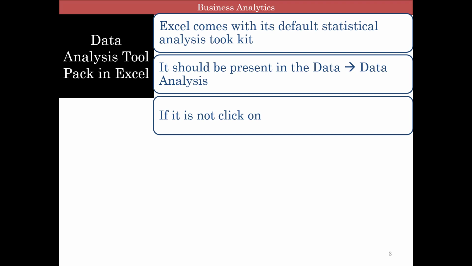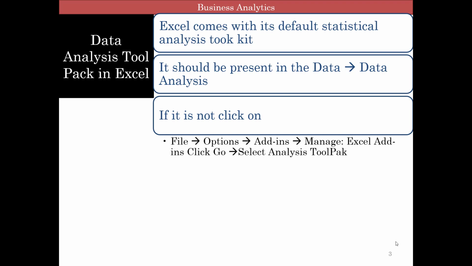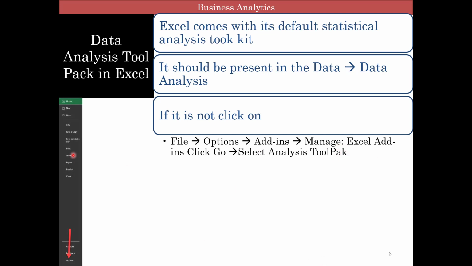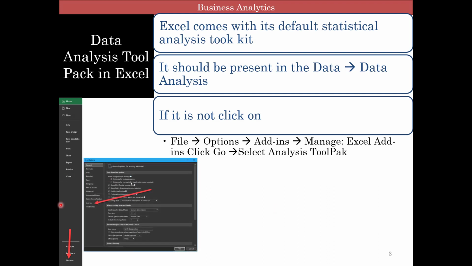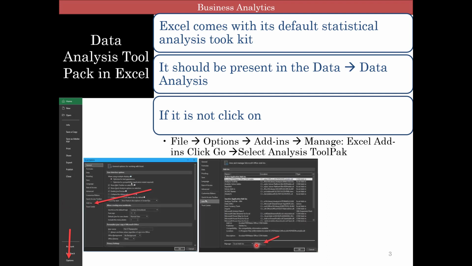If it is not, you click on it, go to File, Options, Add-ins, Manage Excel Add-ins, click Go, select Analysis Toolpack. And so here is Options right here at the bottom. You can see that under File. Then you go and click on Add-ins. Then click Go. And then make sure this is checked.